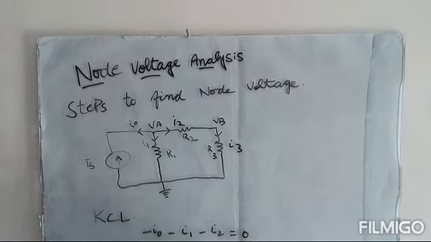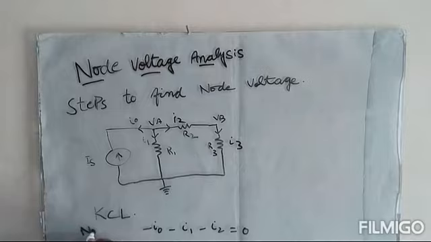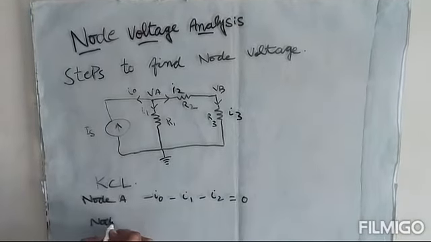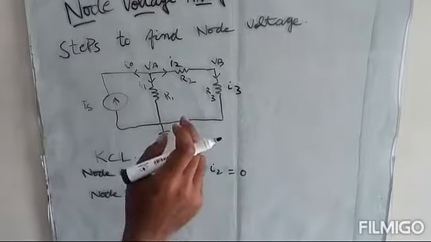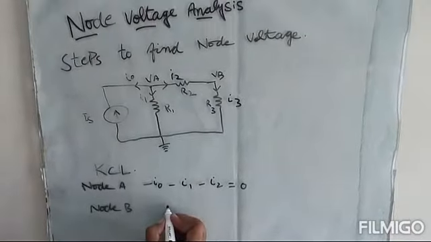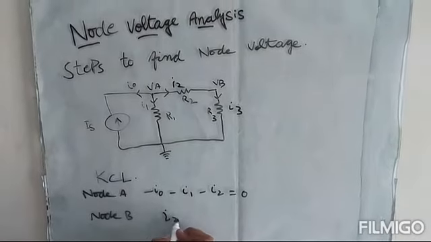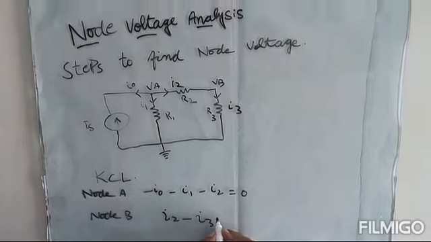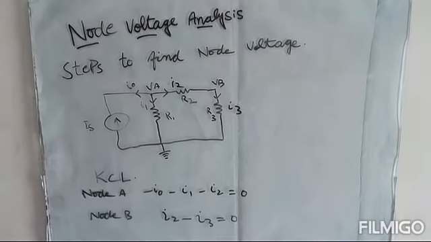Algebraic sum is equal to 0. This is node A. Similarly, at node B, two currents are there. One current is entering, we will take it as positive, I2, minus I3 is leaving, we will take it as negative, and the sum is equal to 0.